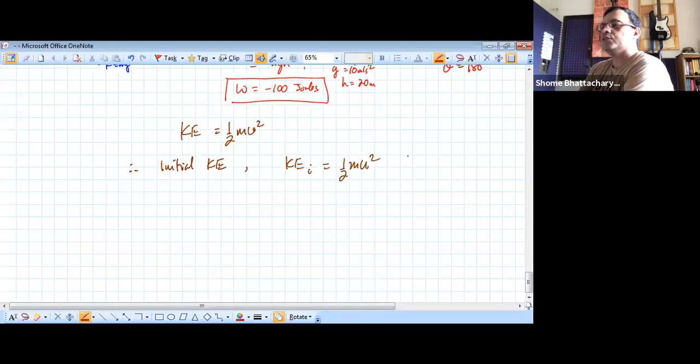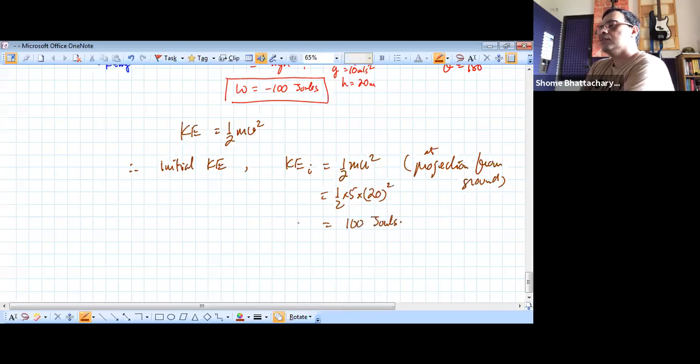This is at the time of projection, at projection from ground. So that will come out to be half into 5 kg into 20 meters per second whole square. So that is 100 joules. This is your initial kinetic energy.